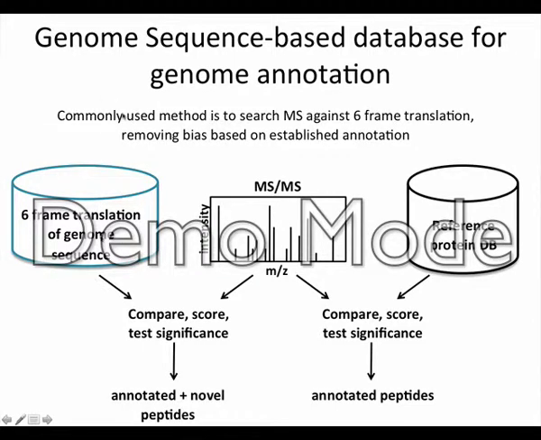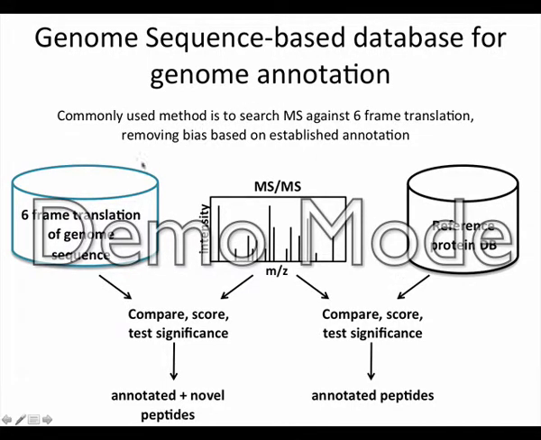These 6-frame translation databases are commonly used if you want to remove all of the bias, because you're essentially translating every possibility from your genomic data, and I'm going to go through an example of that. You're essentially taking out all of the bias that you have about what you think is already there, which is what's in the reference database.